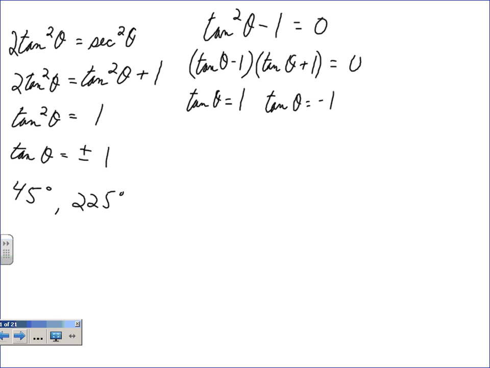Tangent of what angle is negative 1? 135. One more. 315. It's real simple with tangent, because I can take 45 degrees and add 180 to get 225. And then if you get to 135 in the second quadrant, where tangent's negative, you can add 180 to that and get the 315.